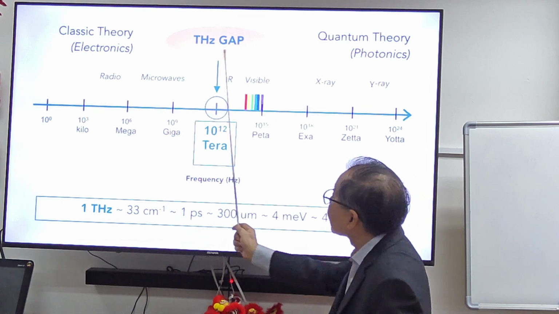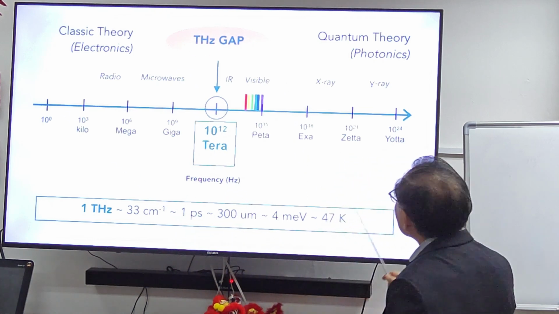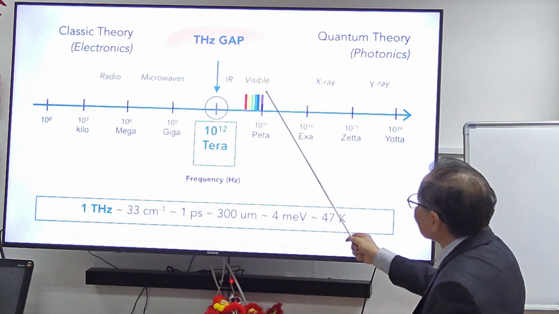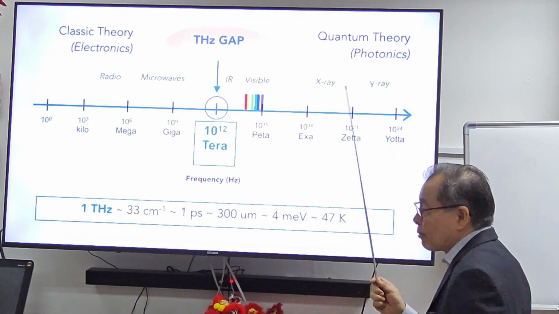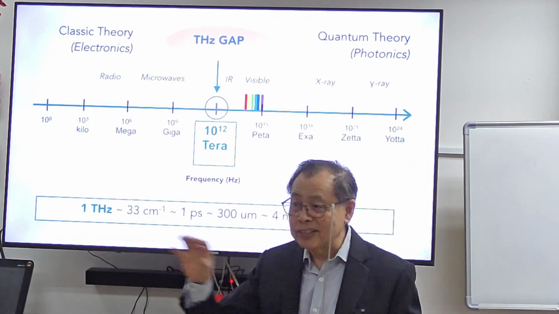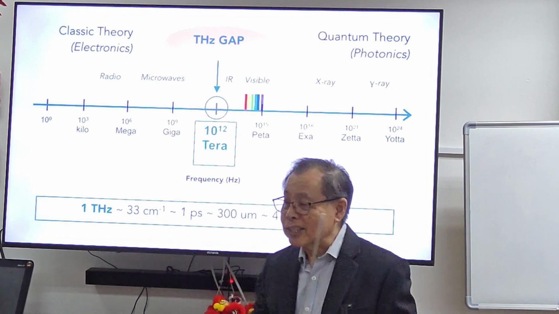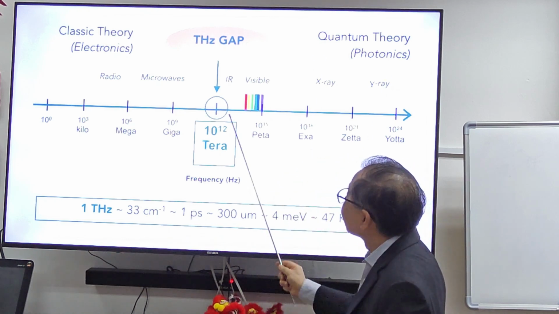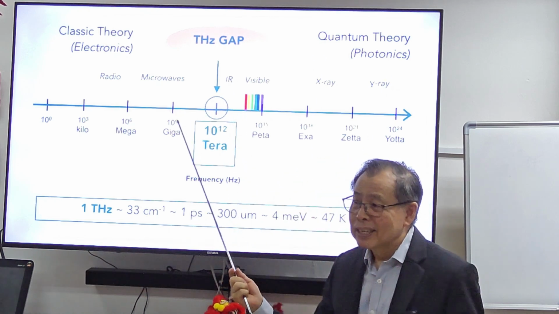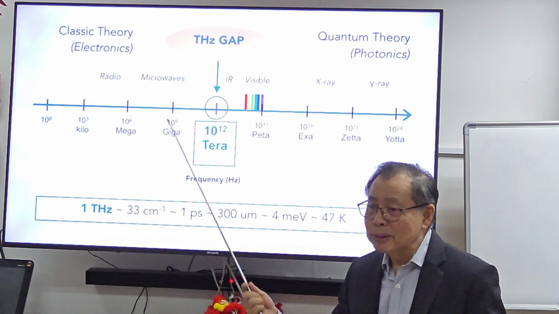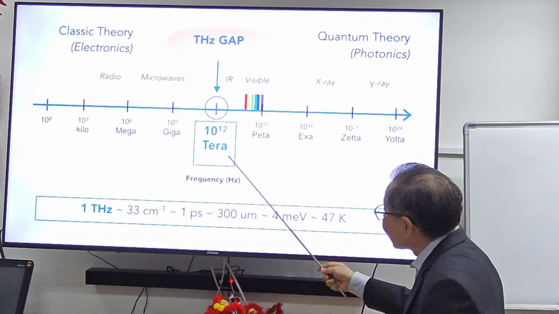So this is all under classic electronic theory. On this side, gamma, X-rays and visible light, we study under photonics, under light. In physics, when you study light, the section, this is where it is covered. Terahertz is in between. So nobody knows how to study it. That's why it's called a frequency gap.